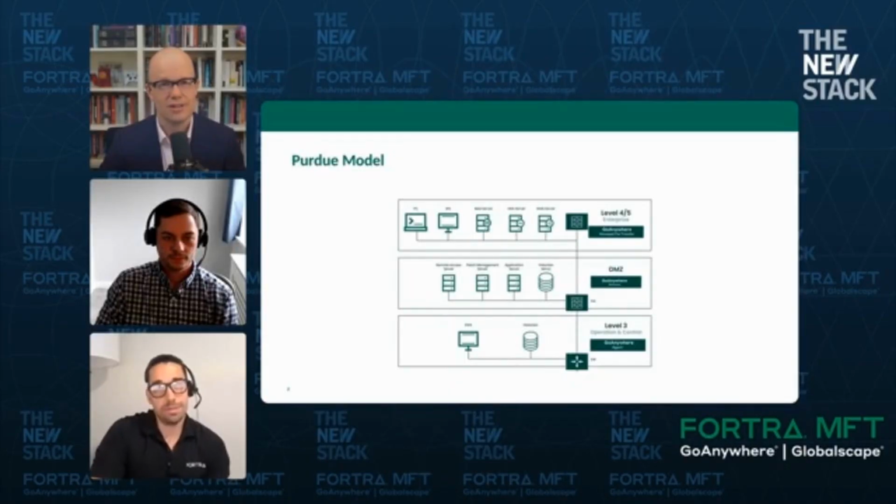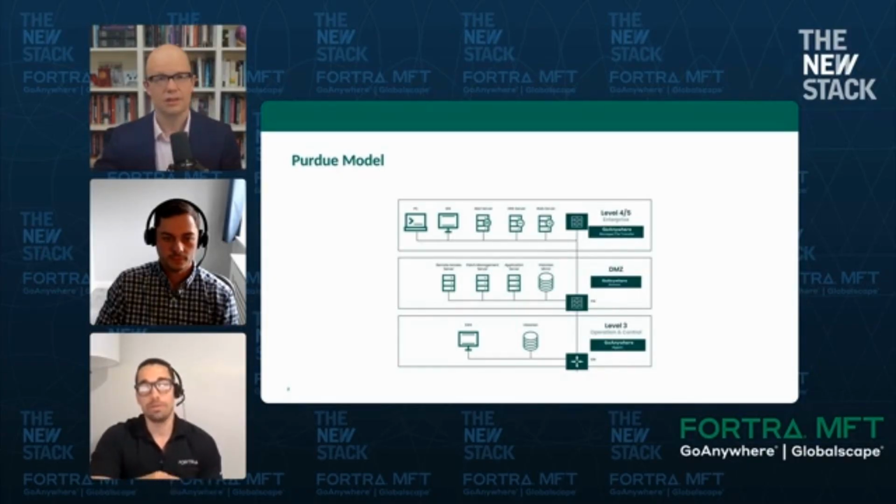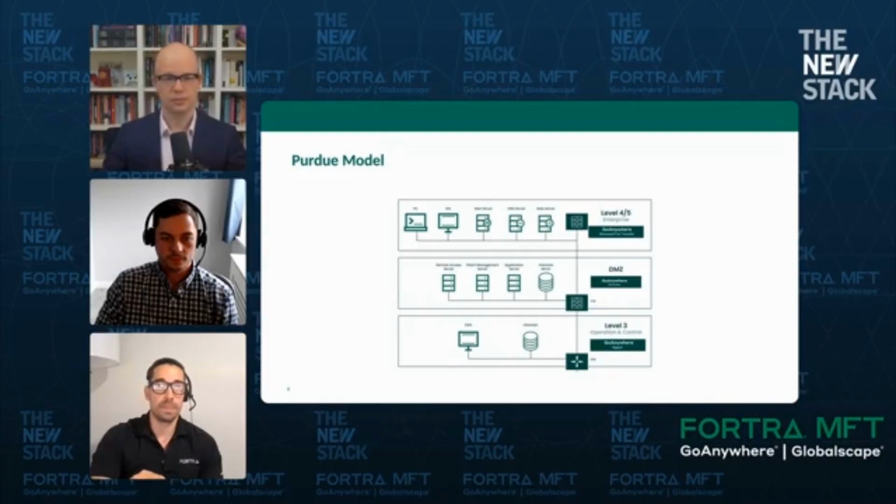Yeah, so we have the traditional DMZ between the IT and OT side, shown in the slide here, between levels 4 and 5 and level 3, and oftentimes the DMZ will be like a level 3.5. But then we often see an additional DMZ, or multiple different DMZs, for different environment segments that could be for a specific business process or business unit.